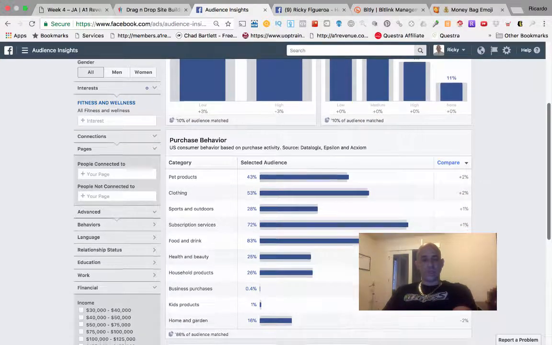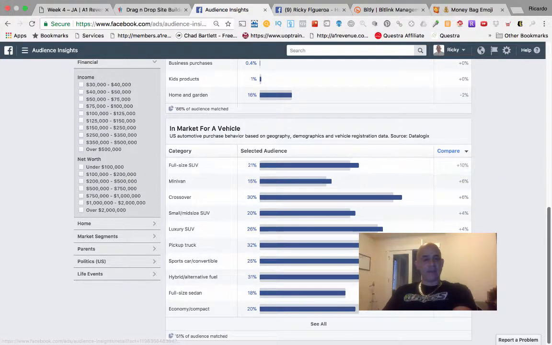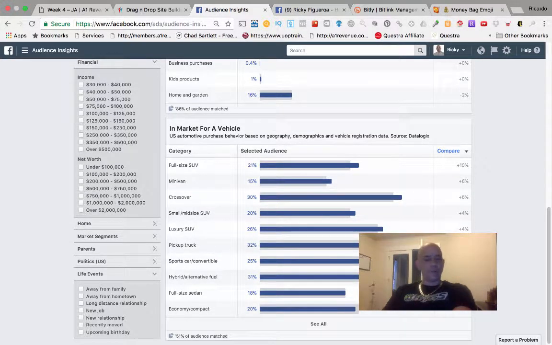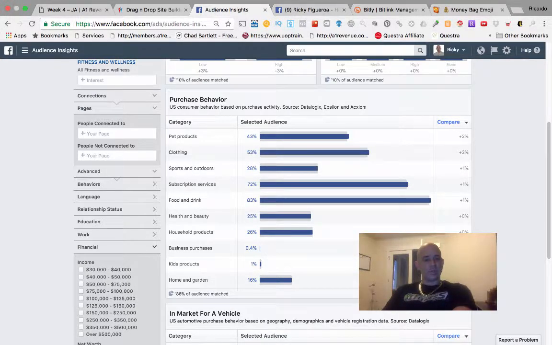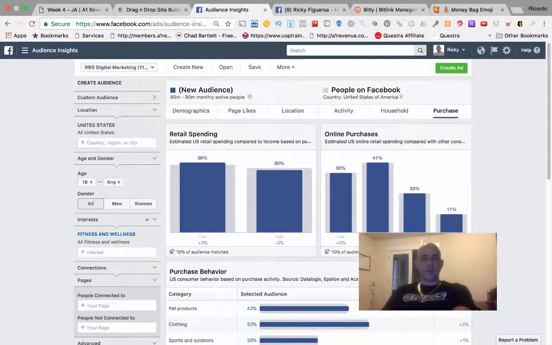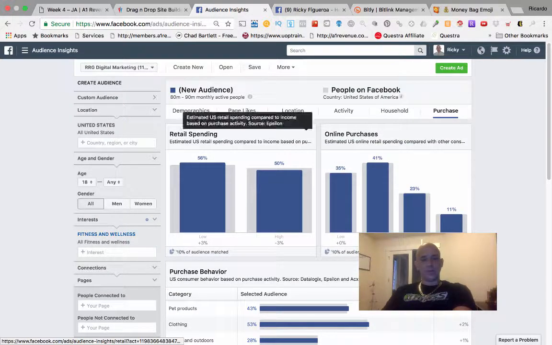So you could keep adding stuff to your analysis. Are they parents? What kind of politics? Are they life events? Are they getting married? Do they have a new job, or are they away from family? There is so much information there that it is insane. You could just spend your time and gather and save this targeting for later use.